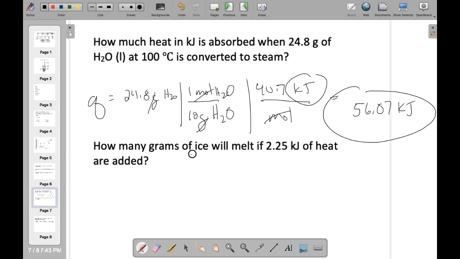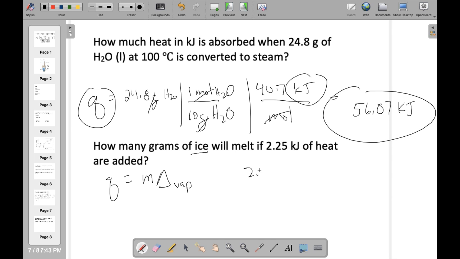Okay, how many grams of ice will melt if 2.25 kilojoules of heat are added? This is weird because it actually gave us the heat. So instead of using Q equals mass times the, and this is a solid going to a liquid, so it's actually the enthalpy or molar heat of vaporization.